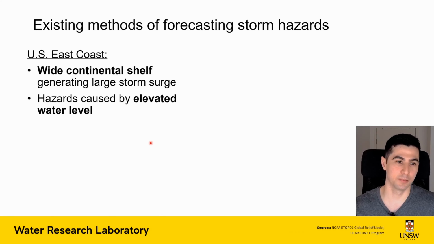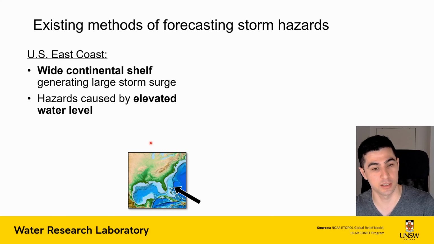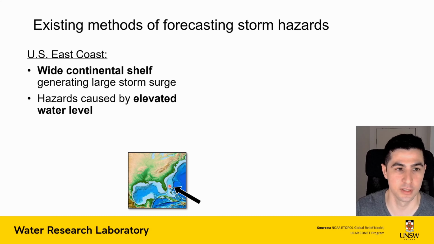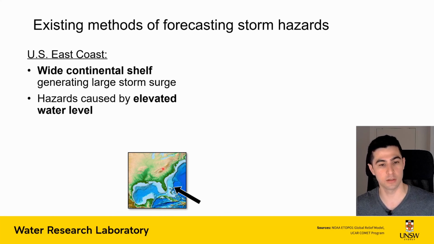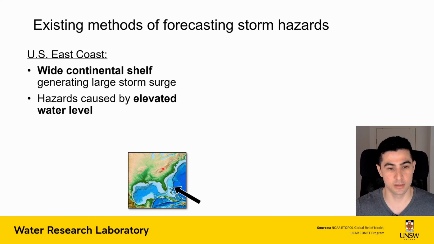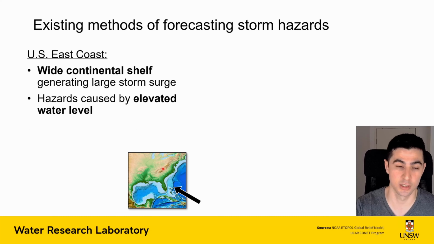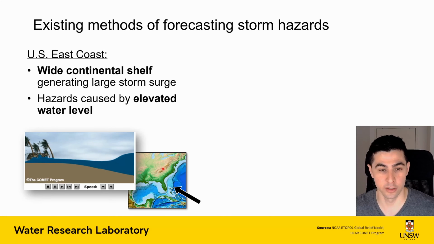But the US East Coast has a different kind of shelf setting to what we experience in Australia. So if you look at this map where we have Florida, you see quite a wide continental shelf. And so when we get hurricanes or storms, this shallow shelf elevates the water level and we get large storm surges when an event occurs.